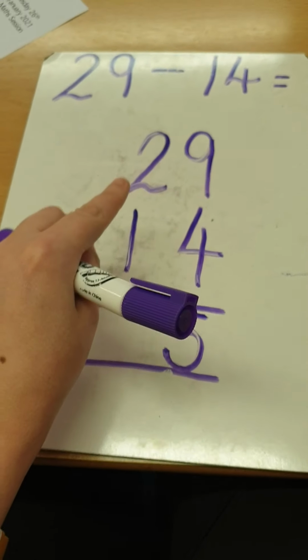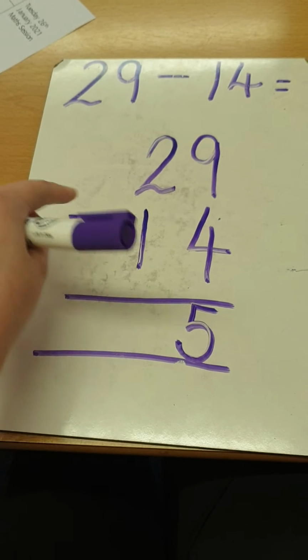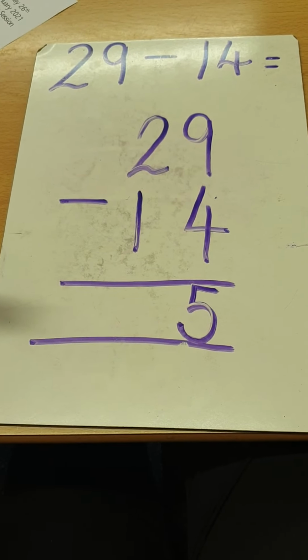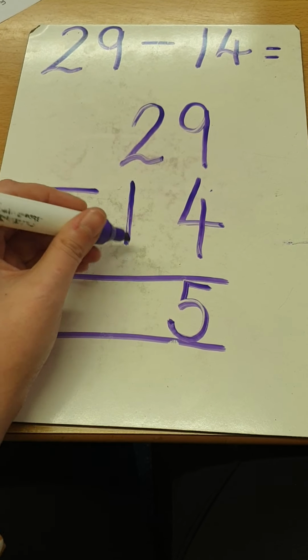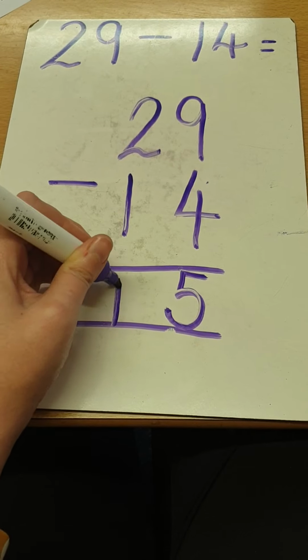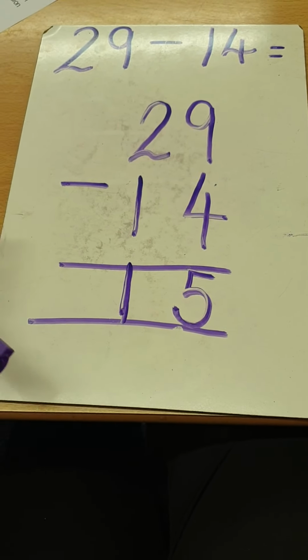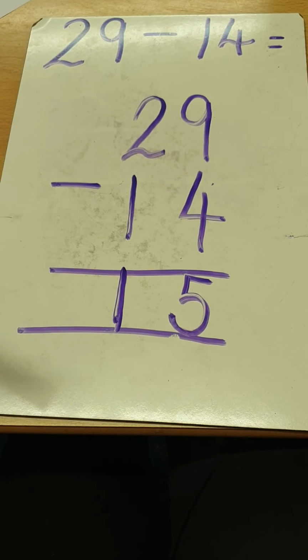Right then, let's have a look at the tens then. So I've got 2 tens, take away 1 ten. What's the answer to that? Brilliant. I've got 1 ten left, and I'm going to write it in my tens column. So, is my answer 1 ten 5 ones? No, my answer's 15.